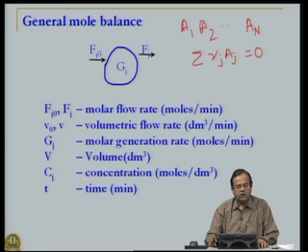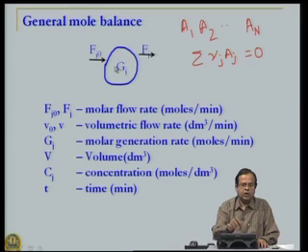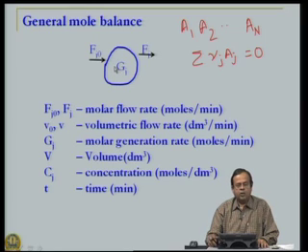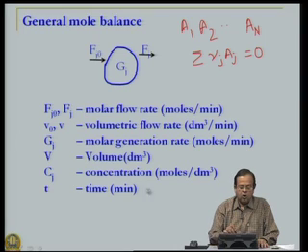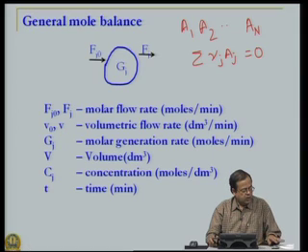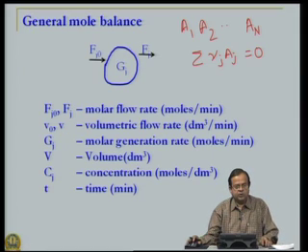Again, when I say volume, it is the volume of the reacting mixture, which could be 70%, 80% of the reactor volume, but that is how we understand the concept of volume. Cj is the concentration, moles per unit volume. So, it is nothing but the ratio of the corresponding capital F and small v, and t is the time, let us say.